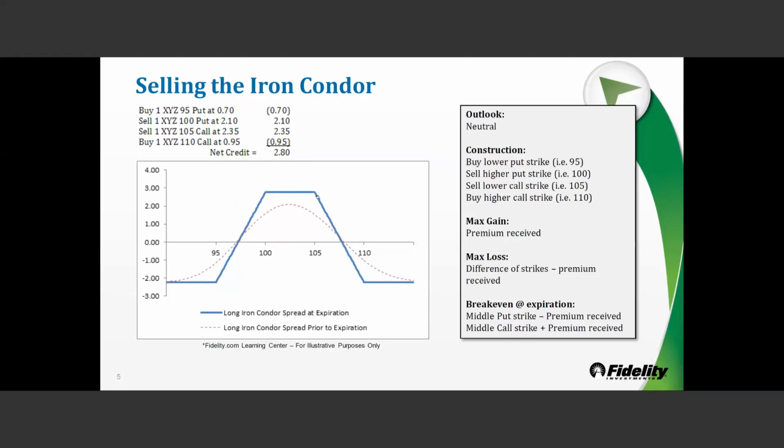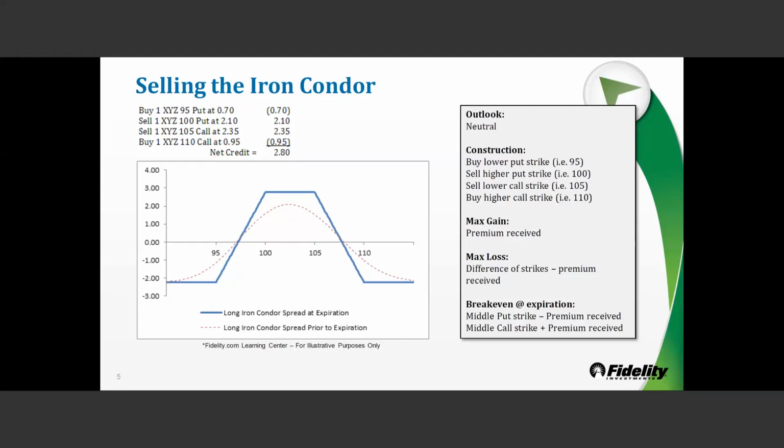So you sell a bear call and you sell a bull put to collect your $2.80. And if the share price remains between 100 and 105 on the date of expiry, you get to keep the $2.80. That is the basic concept of the iron condor.